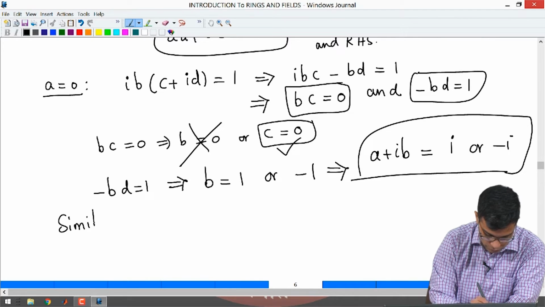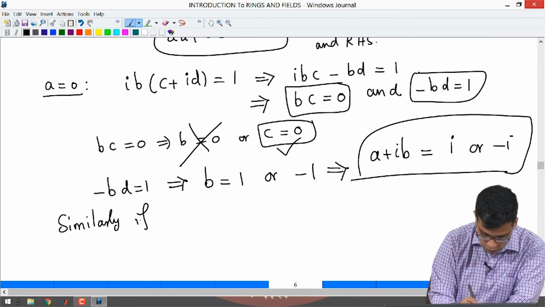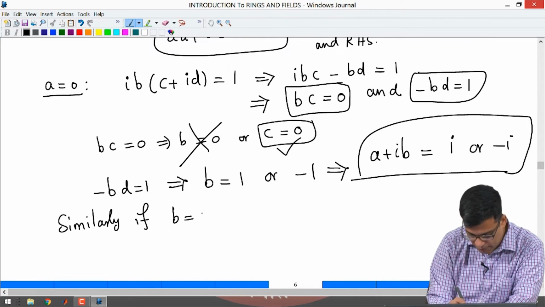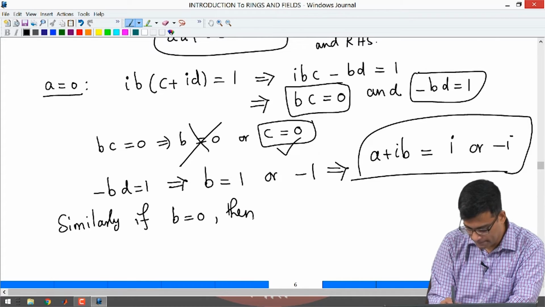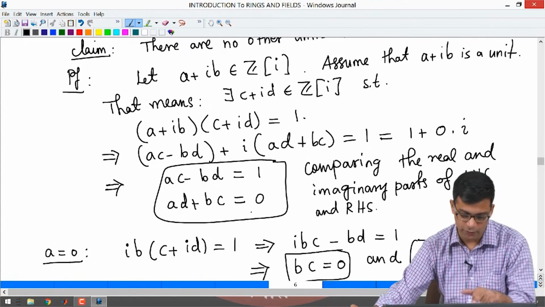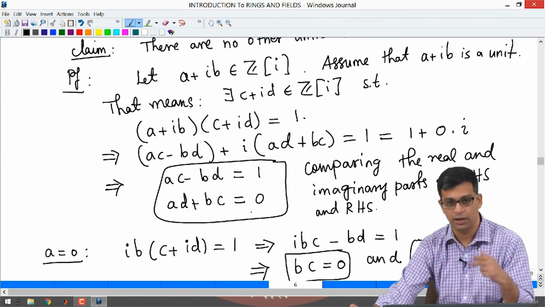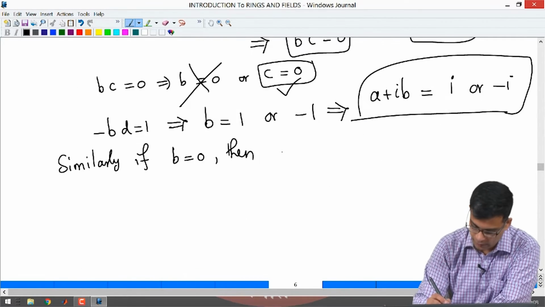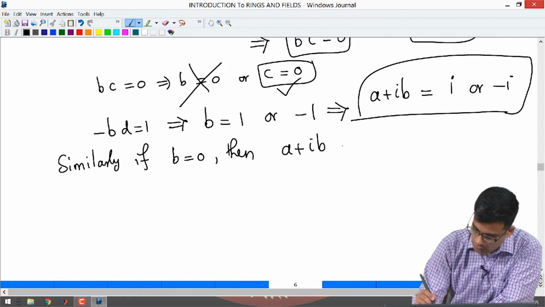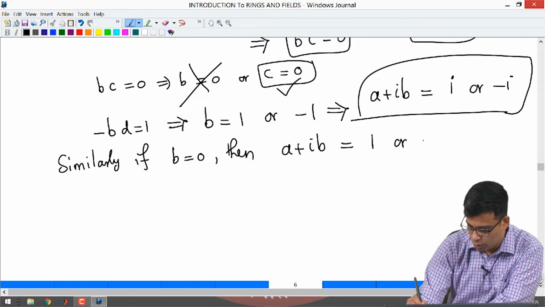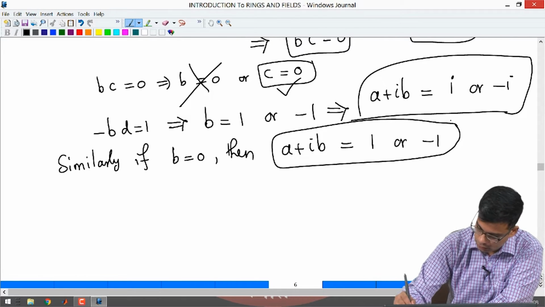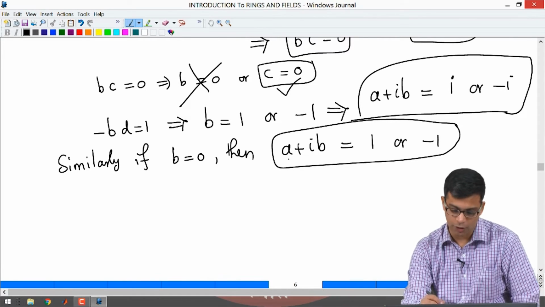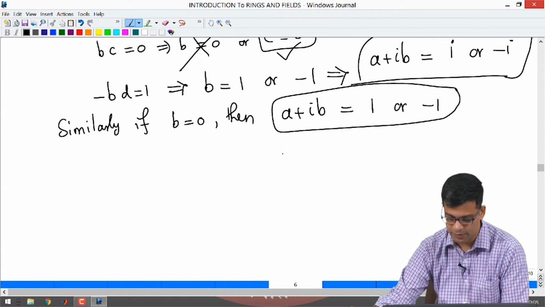Similarly, if B is 0, then in the original unit that we started with, A plus IB, we are looking at a unit A, that means it is an integer by itself. Then A plus IB is 1 or minus 1, right, because B is 0, A is a unit, that means it must be 1 or minus 1.